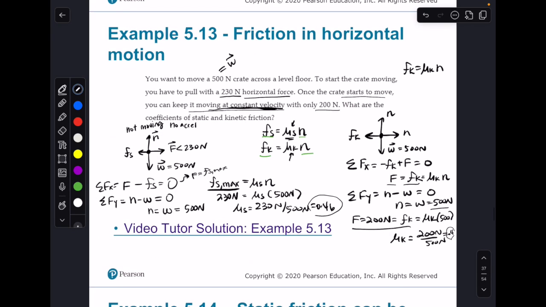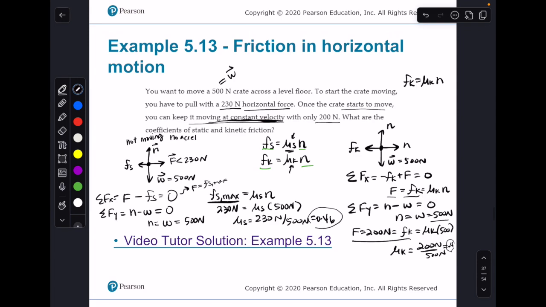And I believe we did this example, since I have it already worked out, right? We did this example towards the end of class, so review it. Let me just give you some broad strokes information here. We had to use both the X and the Y applications of Newton's first law in order to solve this problem.